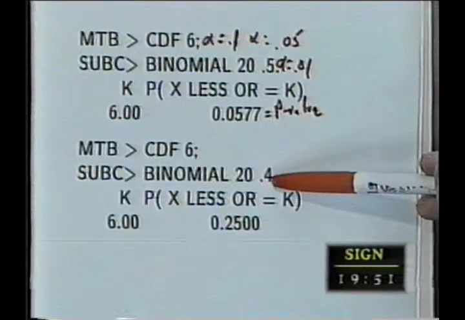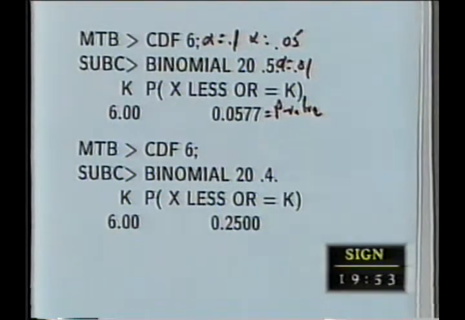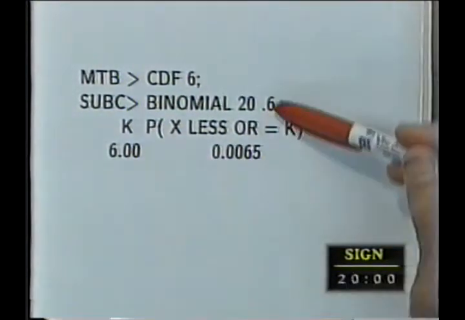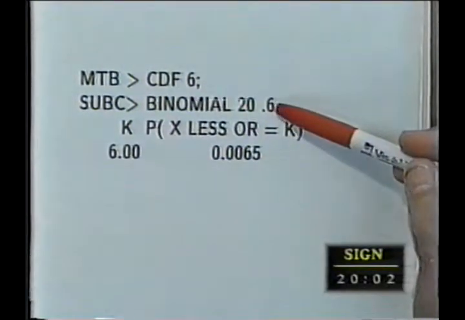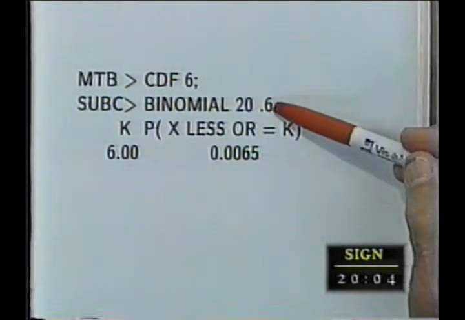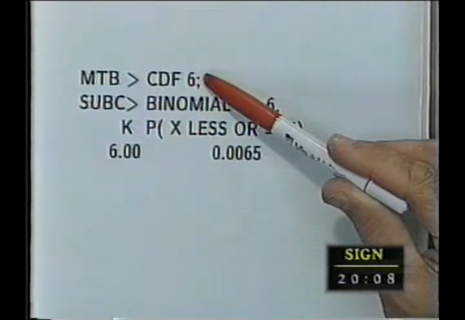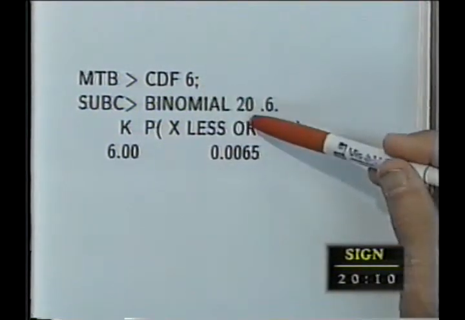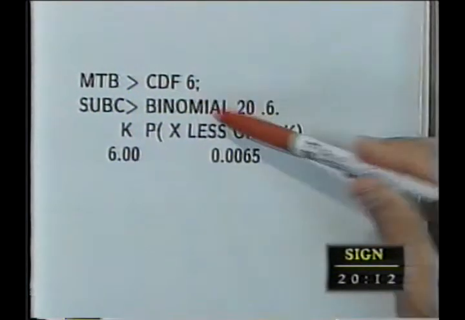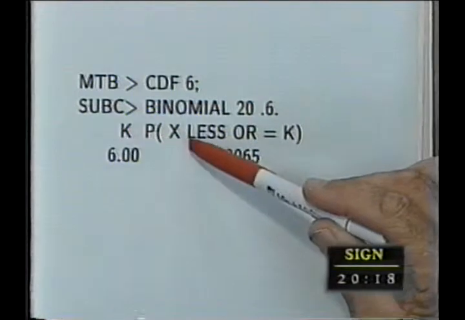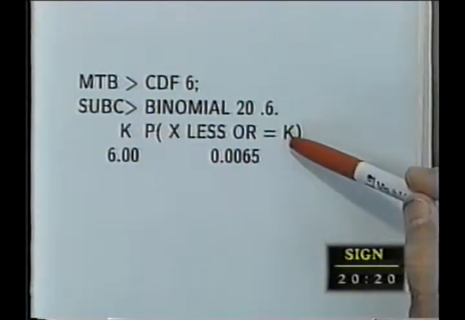What if they really were foolish about this and tried to say 60%? That the probability of each student failing to disapprove is 60%. Well, the probability of having only 6 successes in a binomial situation where the probability for each success is 0.6, I say, okay, what is the probability of having less than or equal to 6, no more than 6?